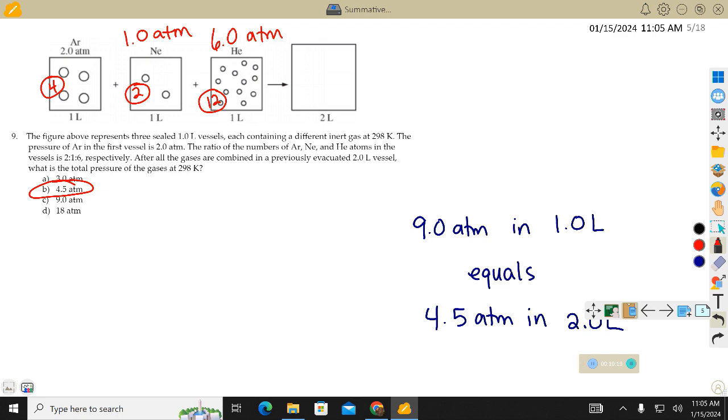The ratio of the numbers of argon, neon, and helium are 2:1:6 respectively. There are 4 particles, 2 particles, and 12 particles. After all the gases are combined in a previously evacuated 2-liter vessel, what's the total pressure?